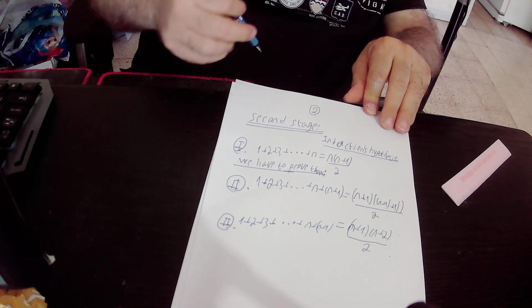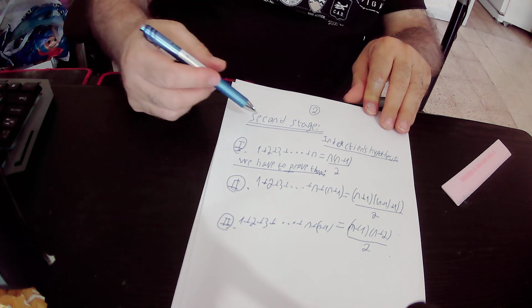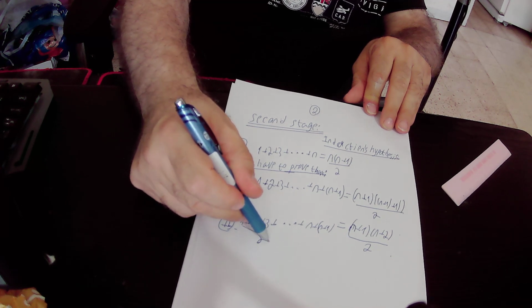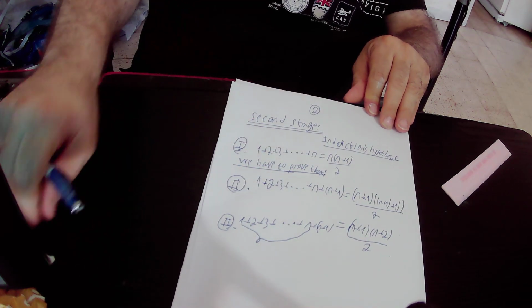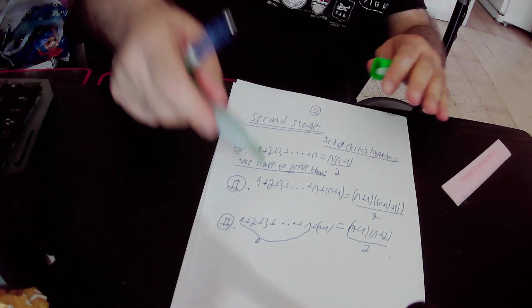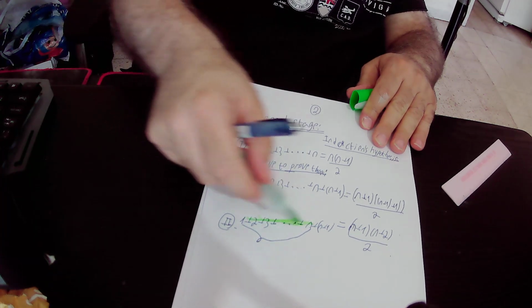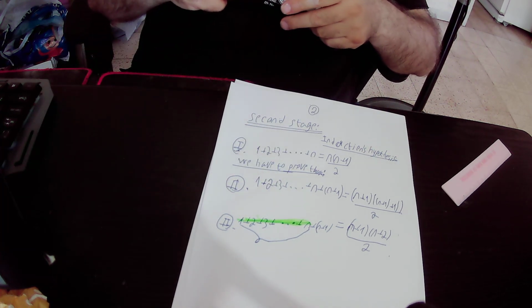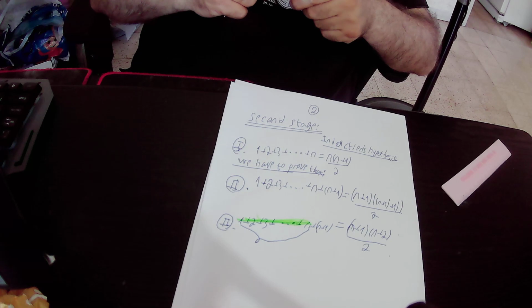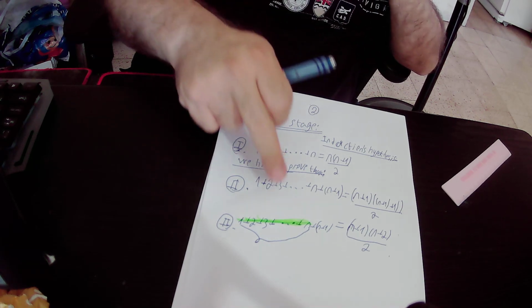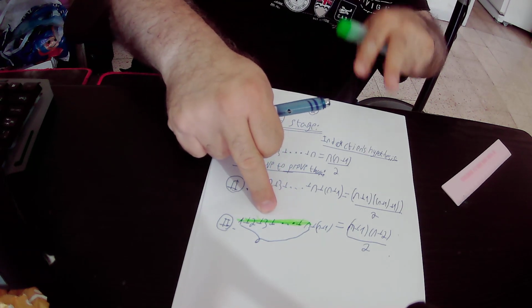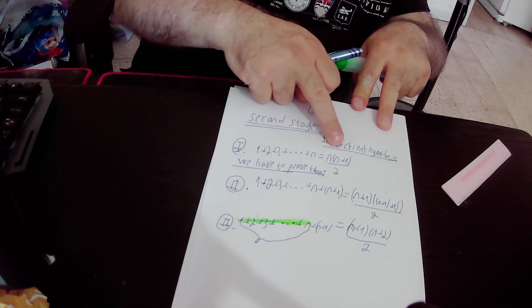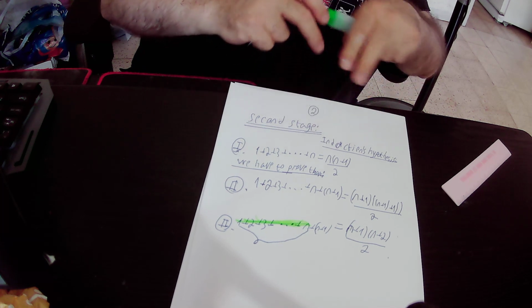Okay, so actually if we look at this expression in the green color, we know, according to our assumption, or according to the induction's assumption, that this expression equals n times (n plus 1) divided by 2.